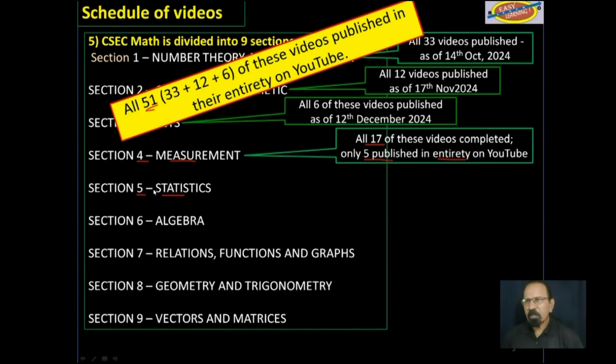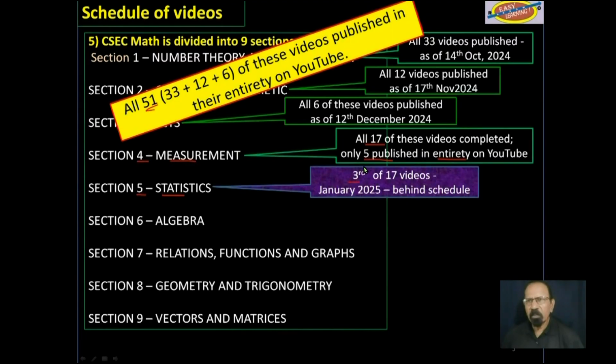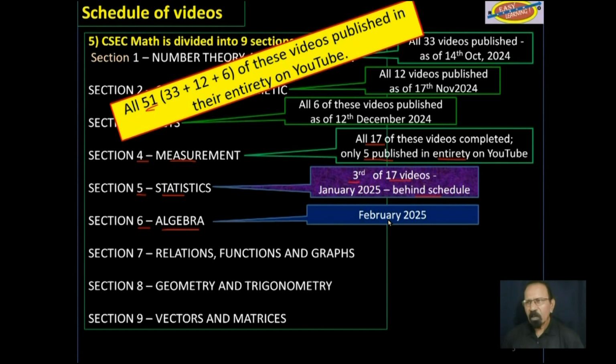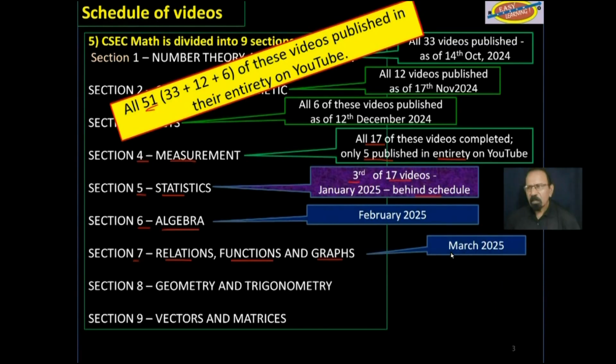Section 5, statistics. This is now the third of 17 videos, and we are somewhat behind schedule. Section 6, algebra, and then section 7, relations, functions, and graphs. Section 8, geometry and trigonometry.